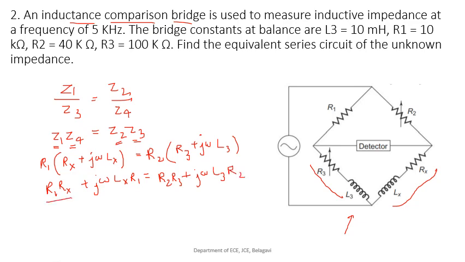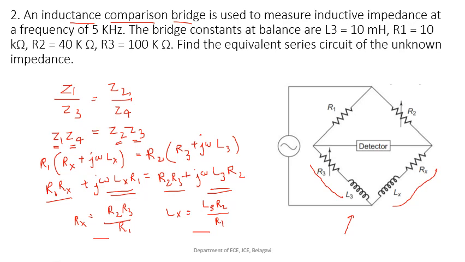Again there is a real part and then there is an imaginary part. So if the real part is equated, you will get Rx equal to R2 R3 divided by R1, and if you equate the imaginary part you will get Lx equal to L3 R2 divided by R1.